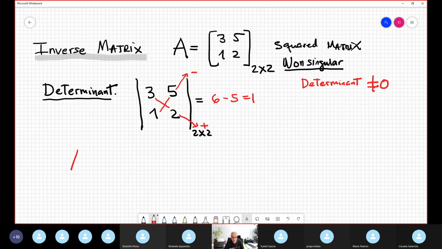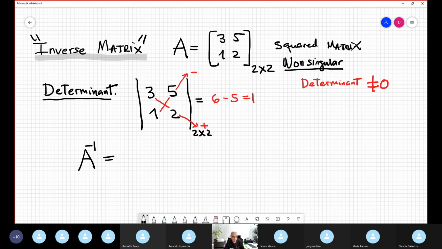The symbolic way to indicate the inverse matrix is very similar to the inverse function: the inverse matrix uses exponent -1. Actually, this does not represent an exponent. This is a symbolic way to indicate it, the notation to indicate the inverse matrix.